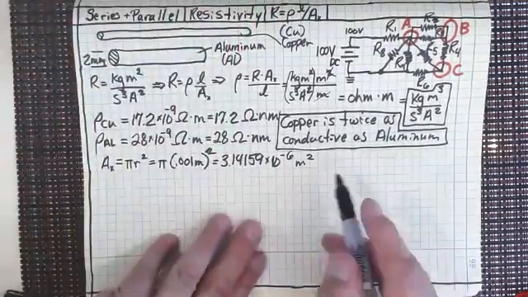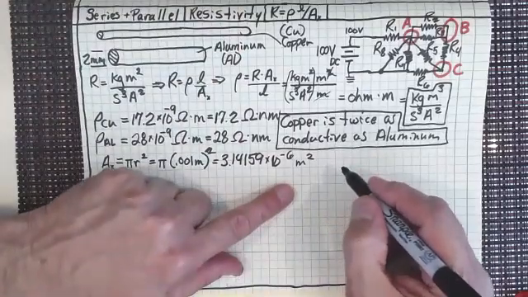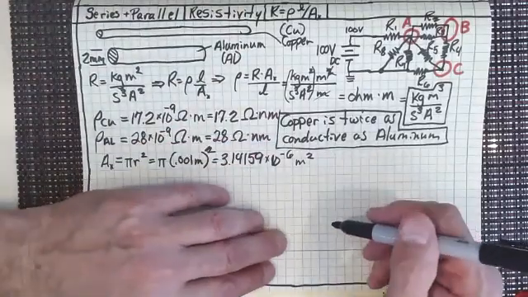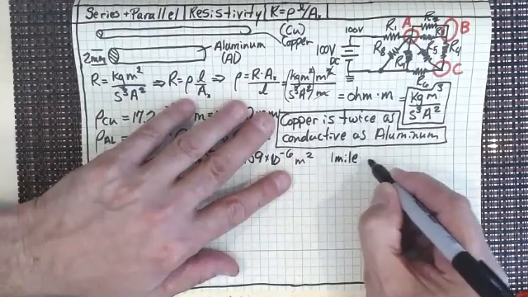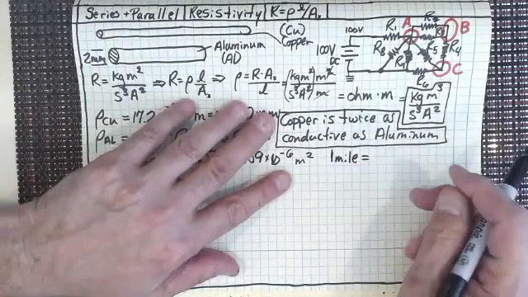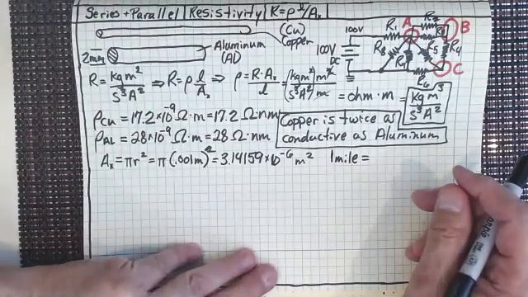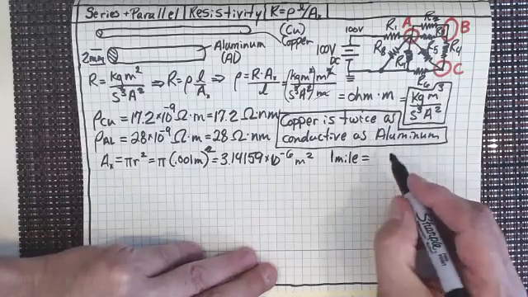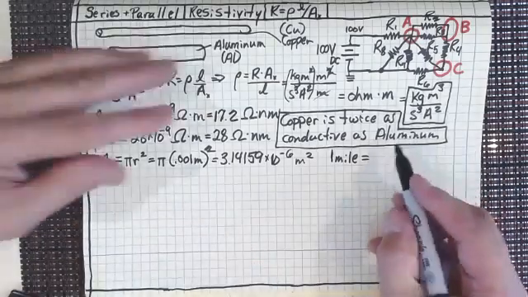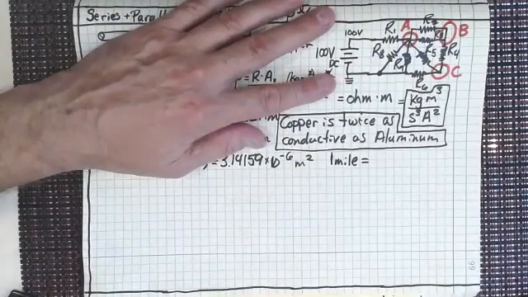So we want to find out the resistance of this. How long should we make it? Should we make it a mile? Let's make it 1 mile long. So I've got a 1 mile long piece of copper wire, and I want to see the total resistance of that 1 mile. And you're saying, well, 1 mile, why are we using miles?